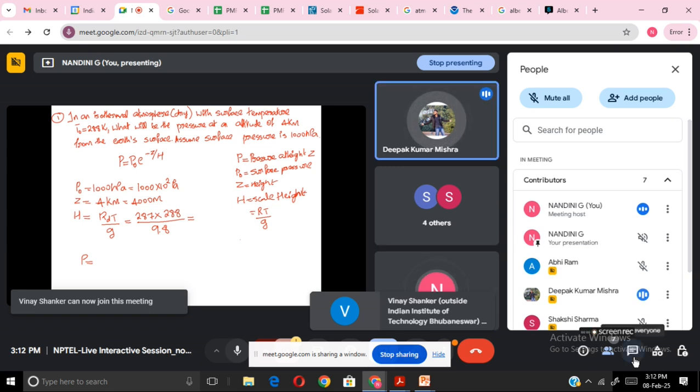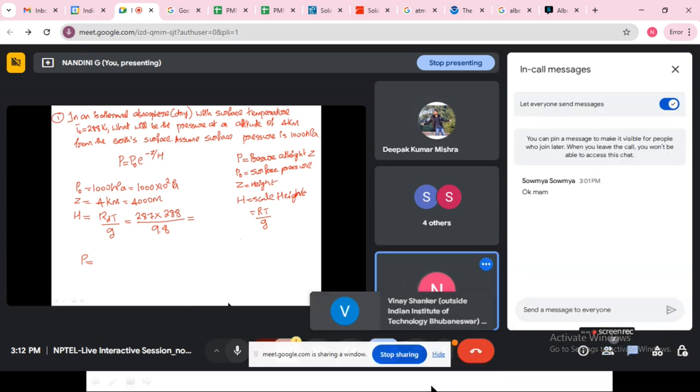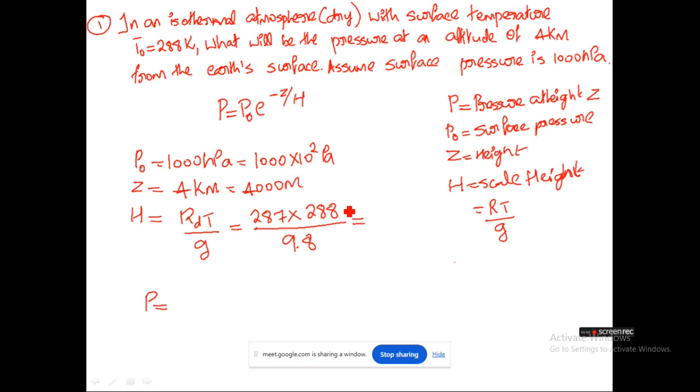It is 8434.285. Yeah. What is the unit? So R_d basically has a unit of joule Kelvin inverse, kilogram inverse, and T has a unit of Kelvin.